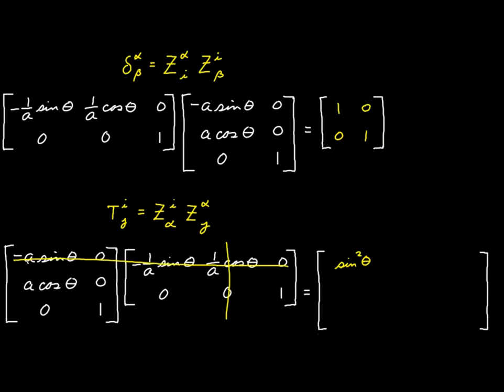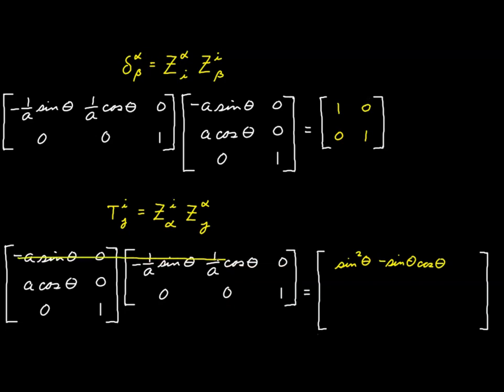And that's going to be negative a sine theta times 1 over a cosine theta. That's just negative sine theta cosine theta. And again, the second term is 0 because it's 0 times 0 right here. So our second item in the first row is negative sine theta cosine theta, like that.